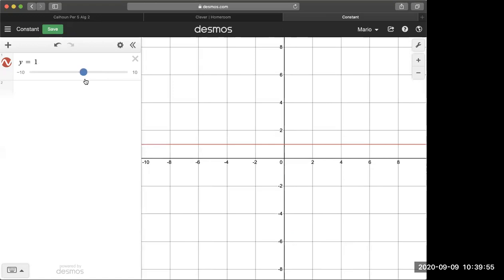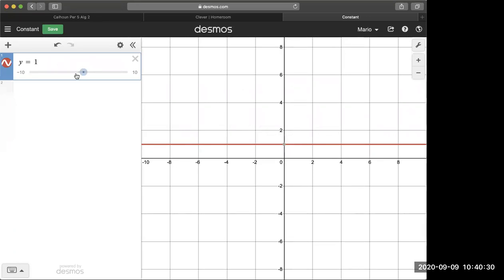What makes constant functions interesting is that the only variable is y. There is no x. So this is any point where the y value is 1. No matter where I went on this line, my y value is still 1. It doesn't matter what my x value is, as long as the y value is 1.